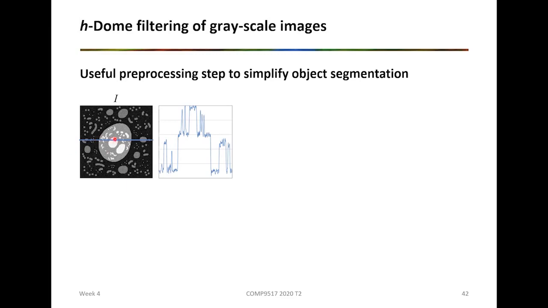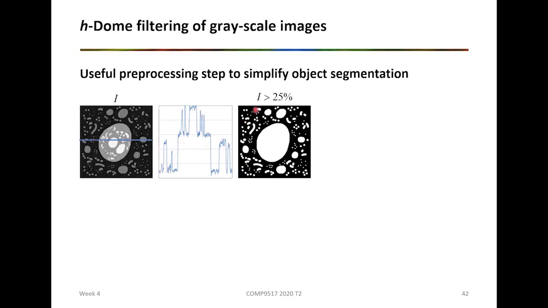Because if you look at an intensity profile, it looks like this. If I would threshold at an intensity of 25% of the dynamic range, so at a quarter here, I would get the objects in the background, but the cell itself gets segmented as one big object, and you would not be able to separate the individual objects within the cell.